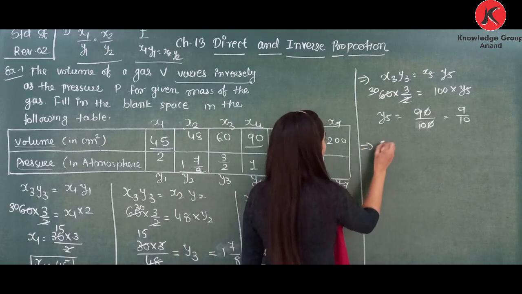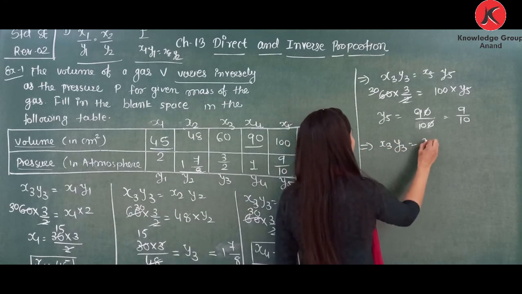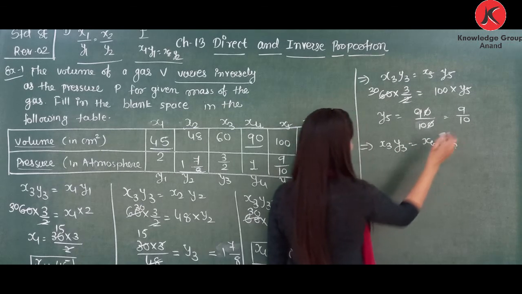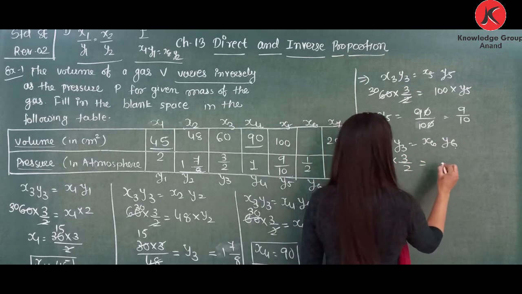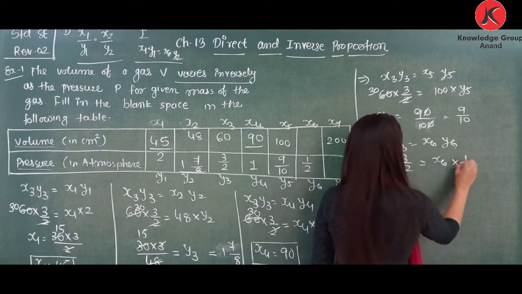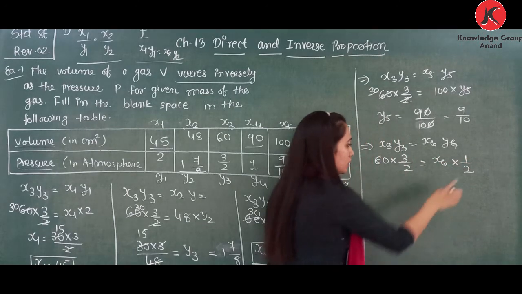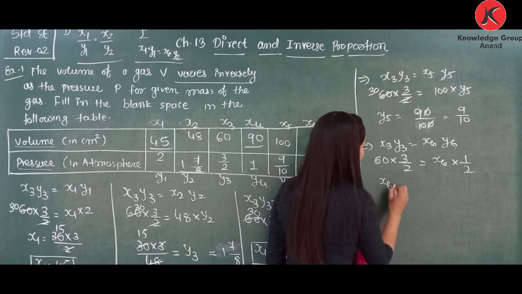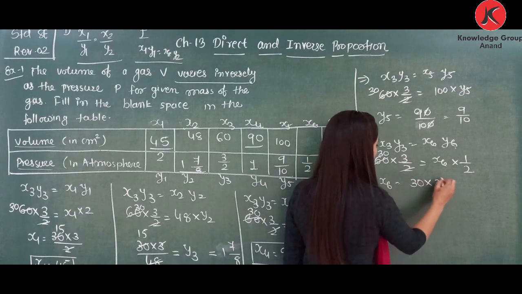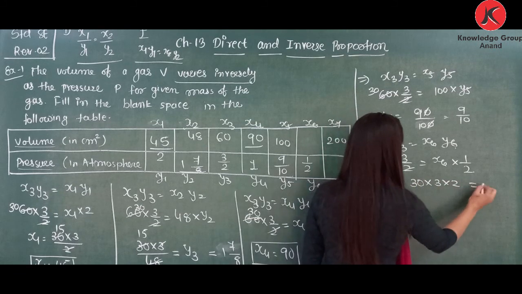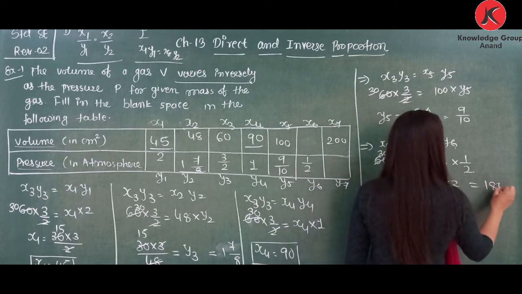For the next, x3 y3 is equal to x6 y6. 60 multiplied by 3 by 2 is equal to x6 multiplied by 1 by 2. Take 2 and multiply, so x6 will be 30 multiplied by 3 multiplied by 2. So that will give 1.